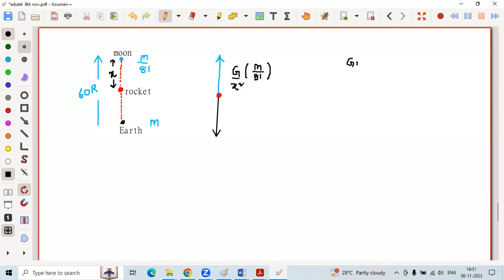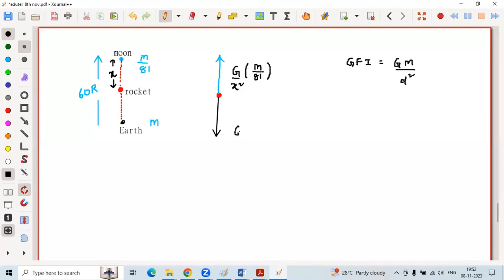Because the gravitational field intensity formula is G into source mass divided by the square of the distance between source and test. In the test, the rocket, the black color down arrow is the field intensity on the rocket because of Earth.